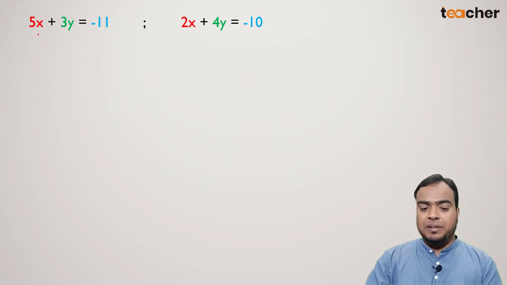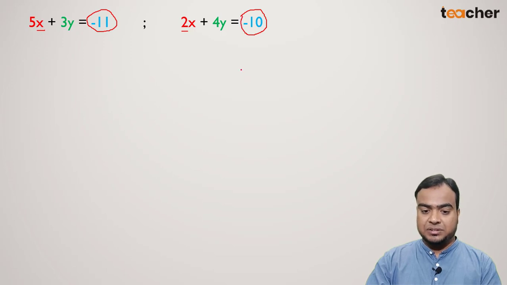Whenever we are solving an equation using Cramer's rule, we have to find their coefficients. You can see here the coefficient of x is 5, here the coefficient of x is 2. Similarly, in equation 1, the coefficient of y is 3 and the coefficient of y is 4 in the second one. Minus 11 and minus 10 are the constant terms of the equations. So they are represented with the letters A, B and C with the suffix 1 and 2.